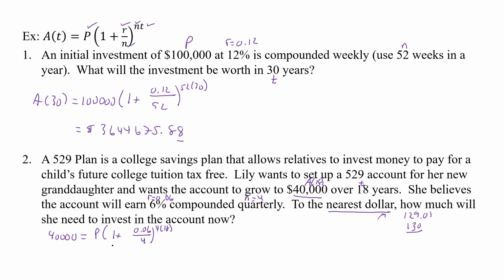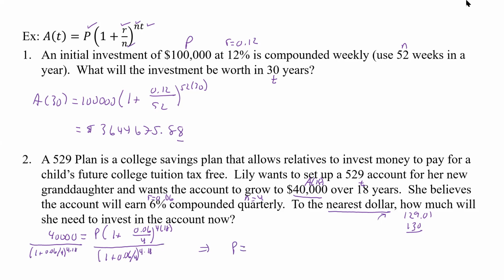So now we want to solve for P. Well, how do we do that? Well, we just divide by this whole thing here. 1 plus 0.06 divided by 4 to the 4 times 18 divided on that side as well. And so then that gives P is equal to, well, now we have to plug all that into our calculator.